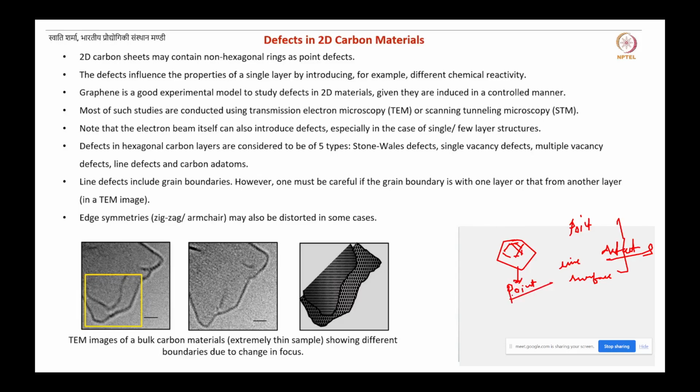Now, defects influence the properties of a single layer by introducing, for example, different chemical reactivity.